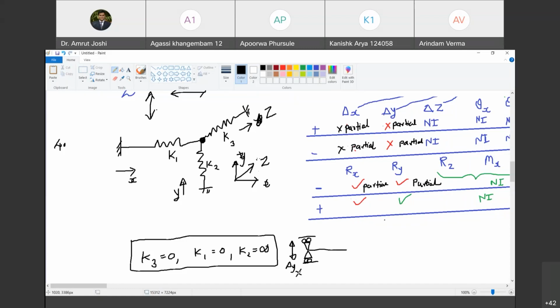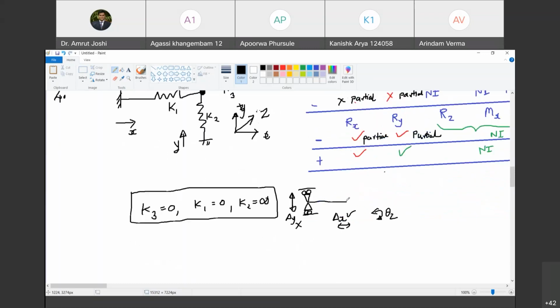However, delta x is possible, both positive and negative. And theta z both is possible. Happy? So K3 equal to 0, K1 equal to 0, K2 equal to infinity: this combination stands for double roller support.